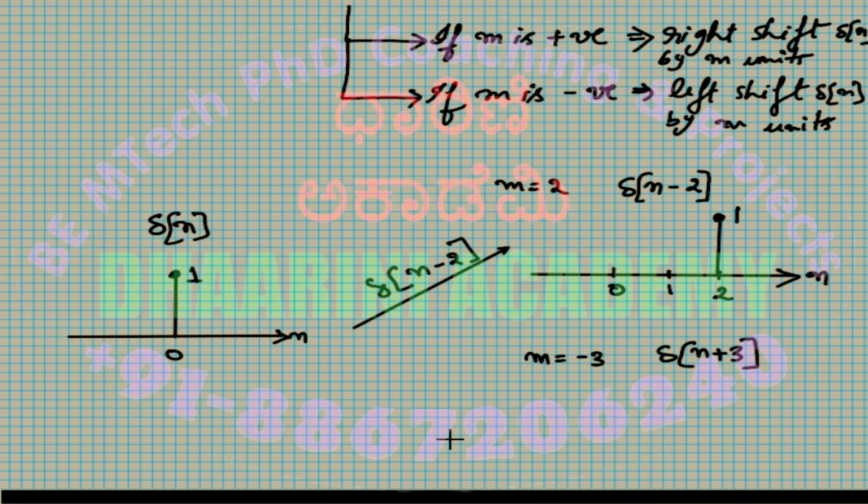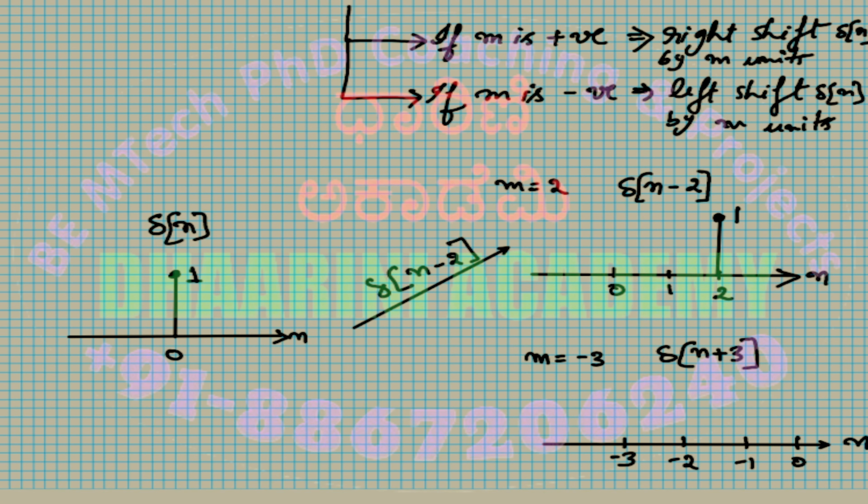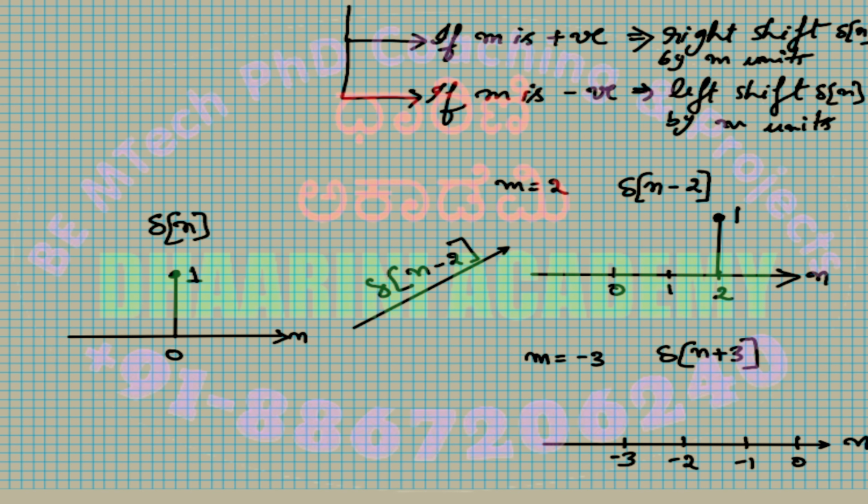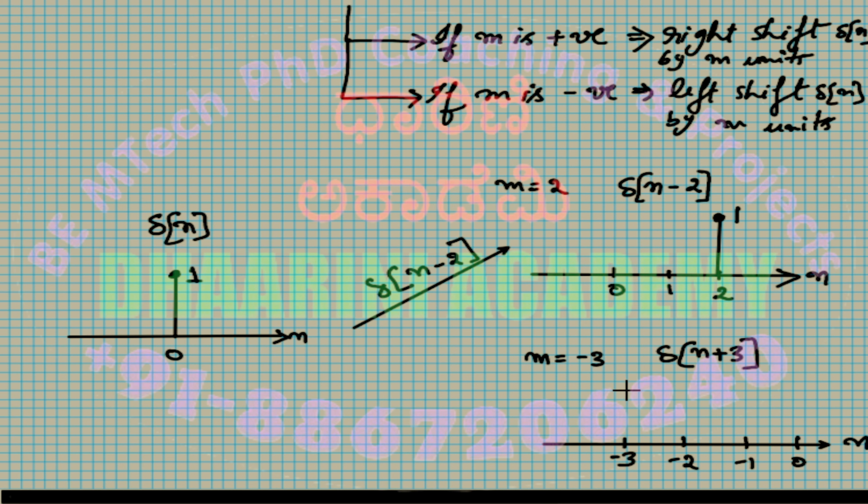All right, let me show you this. This is the n axis. I am assuming this is 0, this is minus 1, this is minus 2, and this is minus 3. So the same function, instead of at 0, is written at m equal to minus 3, my mistake.